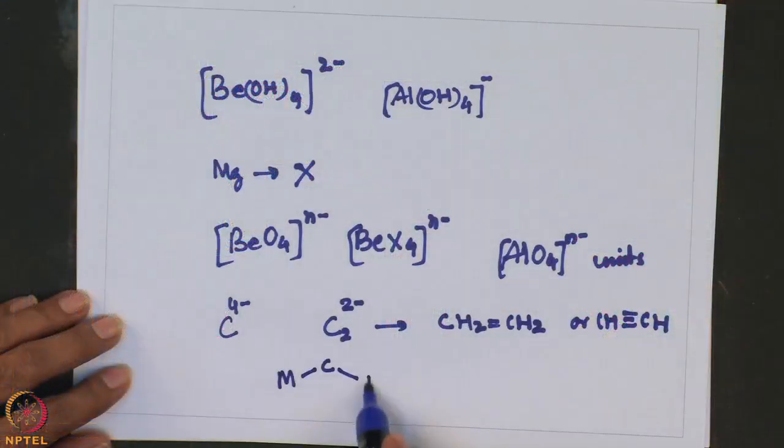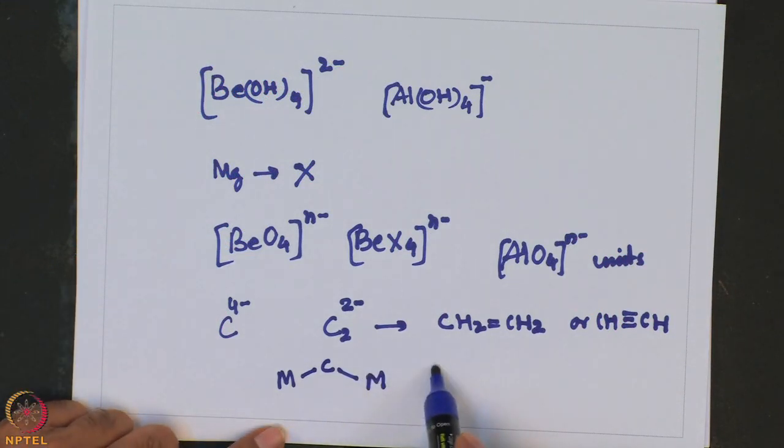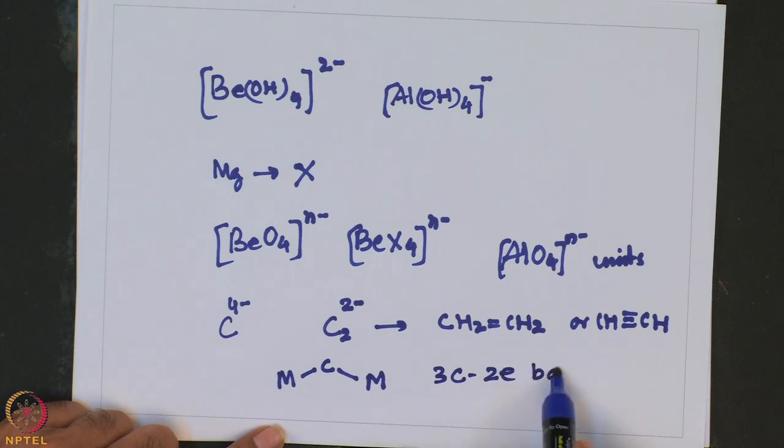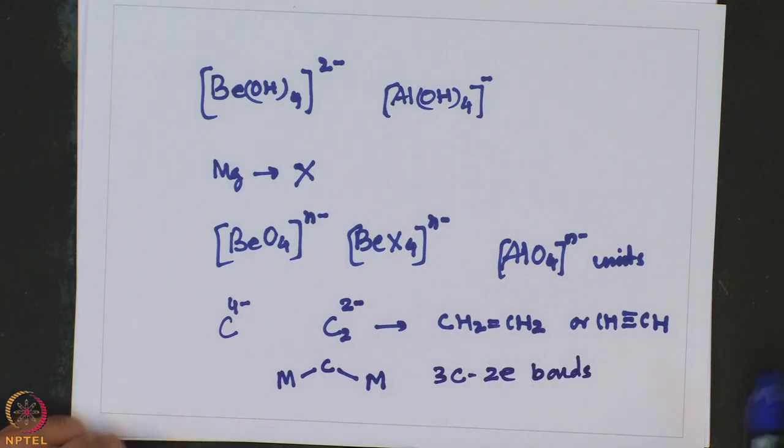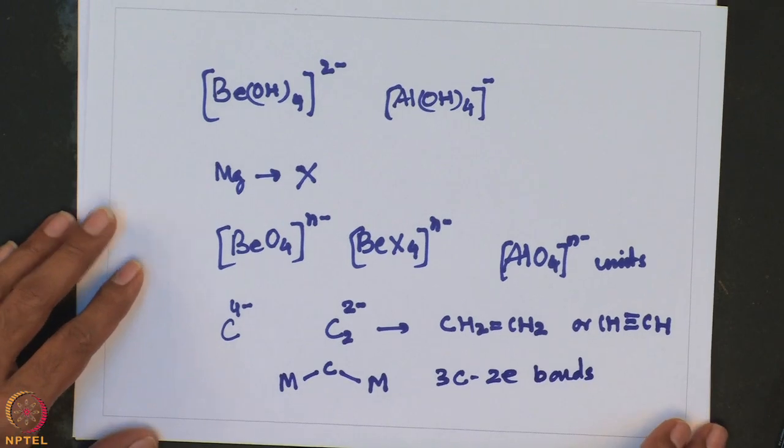And alkyl compounds of beryllium and aluminum are electron deficient compounds that contain bridges. That means essentially this is nothing but 3 centered 2 electron bonds. Okay. So, this is quite common in case of alkyl beryllium and aluminum compounds, and they undergo association to form one dimensional chain. So, I will be elaborating later about the more details about this one.